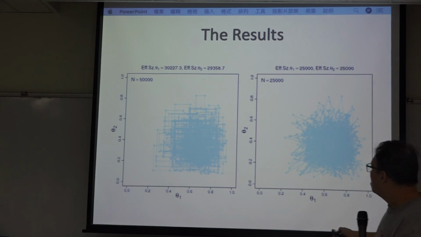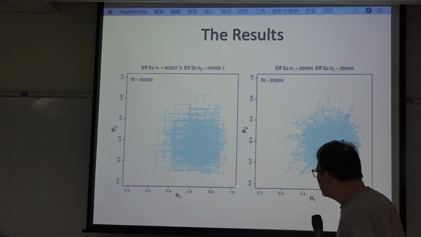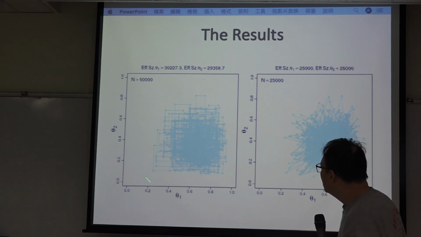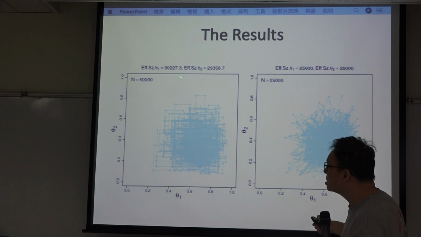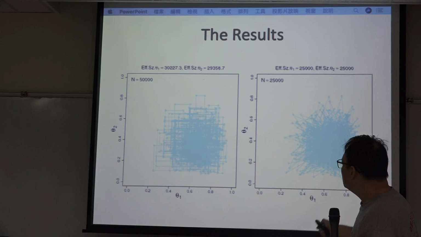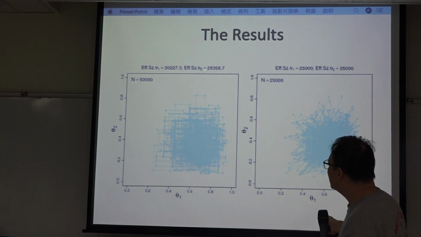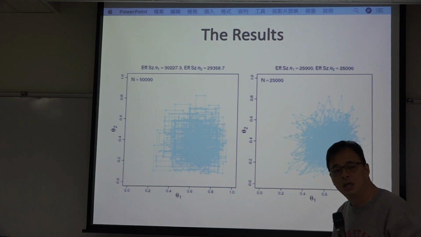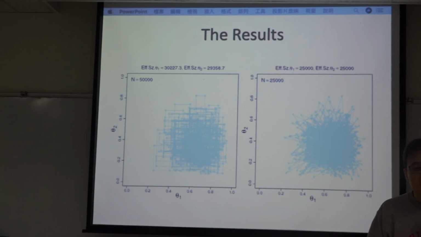But be very careful. If you look here, the effective sample size for theta 1 is 30,000. The effective sample size for theta 2 is 29,000. That's amazing. Even if you count it for only 25,000, what do I mean here?